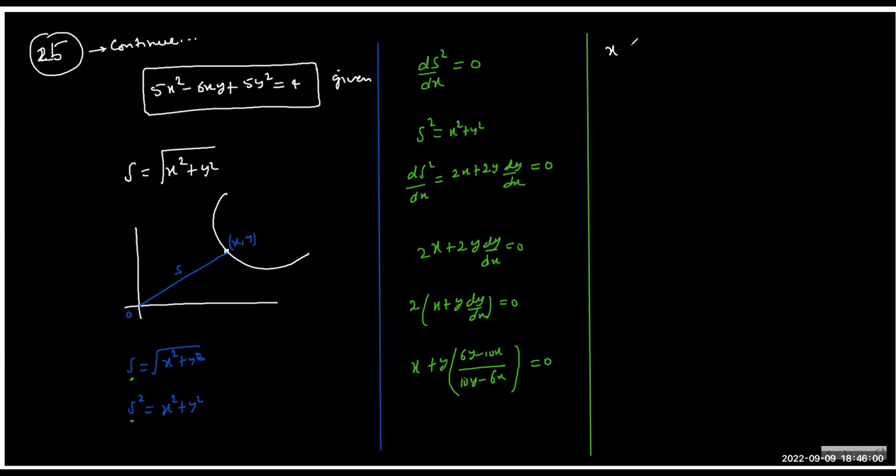So we have x plus, okay, we can take LCM, 2y. Now multiply and check, because numerator is 0.